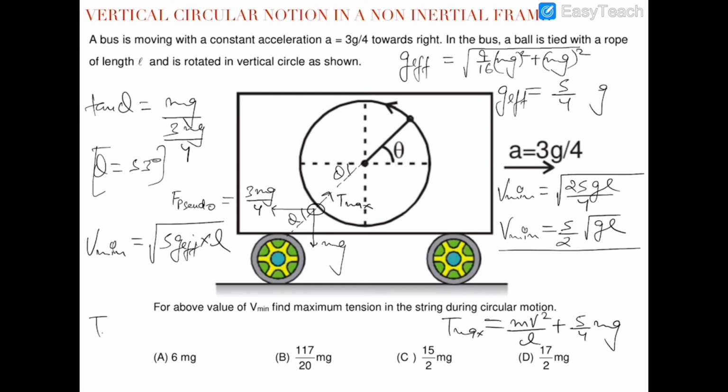So T maximum will be equal to 25 by 4 mg plus 5 by 4 mg, which is equal to 15 by 2 mg. So the correct option will be option number C.